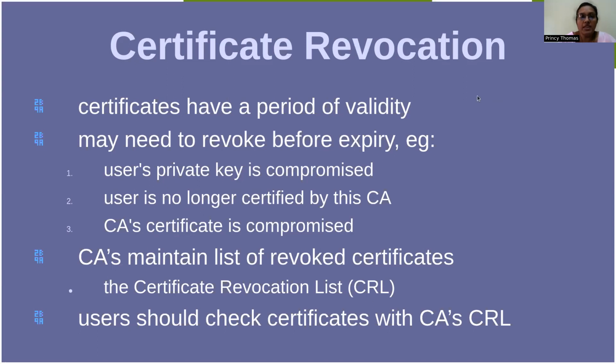That is normally either if the private key is compromised, or that particular user is no longer to be certified by the certification authority, or if the certificate authority's certificate itself has been compromised, so it is no longer secure. So these are the reasons why a certificate can be revoked. In that case, a revocation list is maintained, and we saw the format of the revocation list.